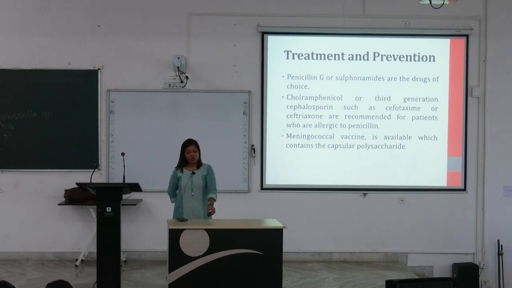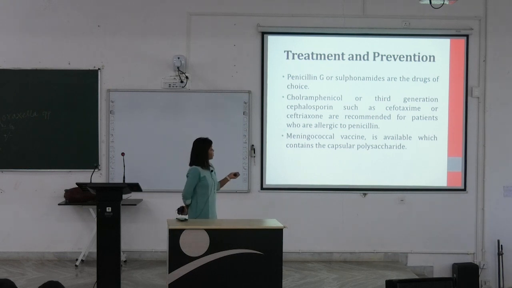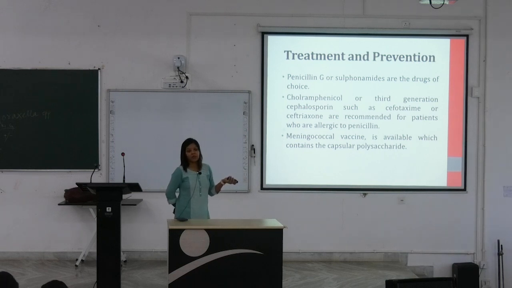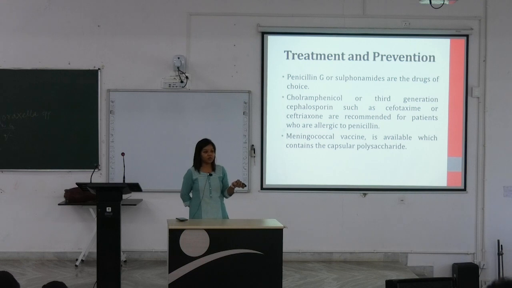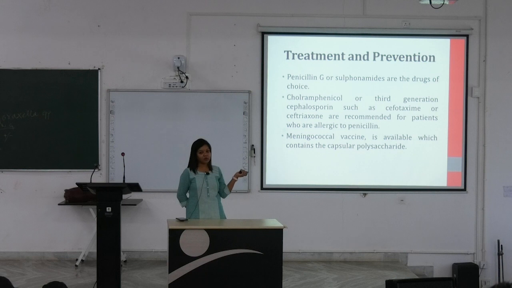So I told you, the capsular polysaccharide is a virulence factor. So if we inject in a child in a small dose, it produces antibody against the capsular polysaccharide, okay. The antigen we are pushing inside through vaccine and the body is producing antibody. So the capsular polysaccharide was a virulence factor and also a component of the vaccine, okay.